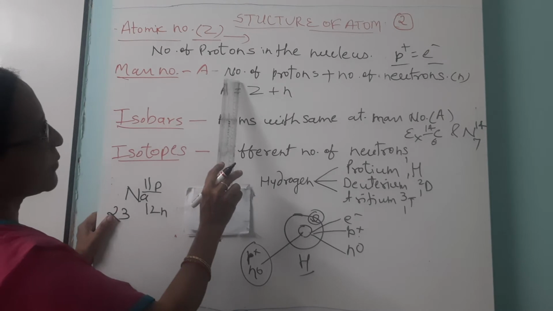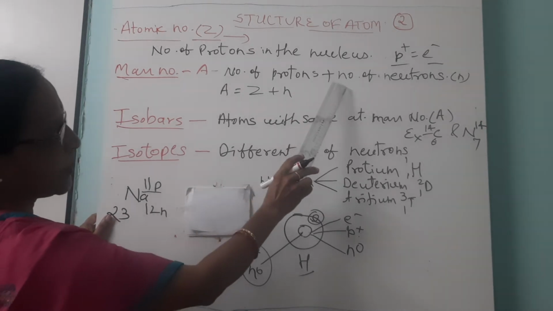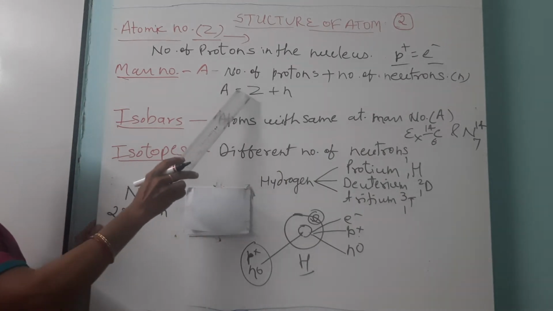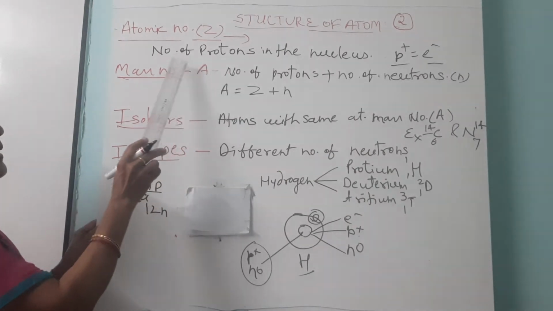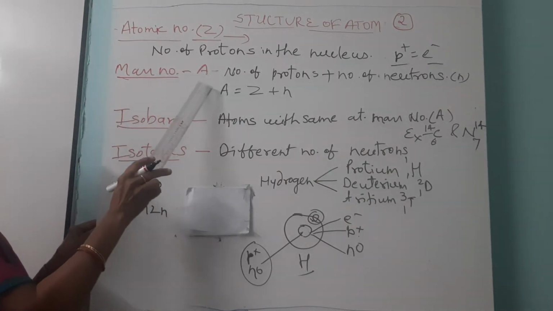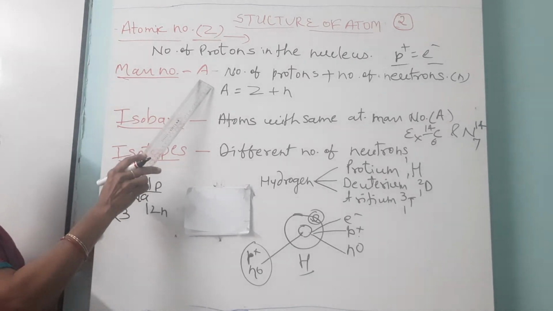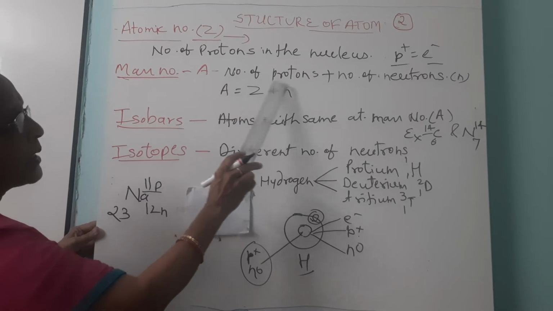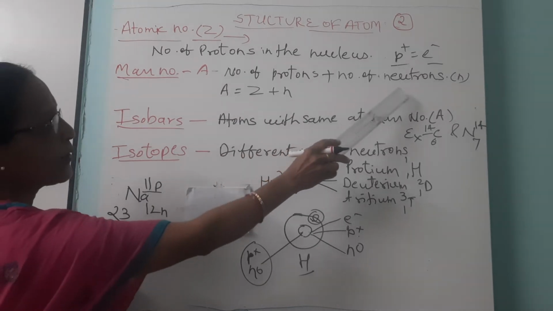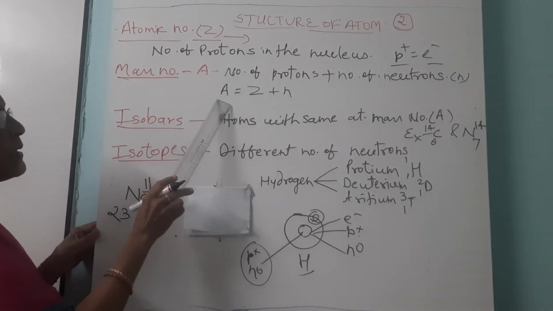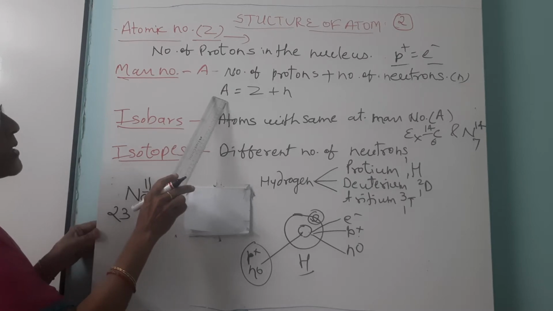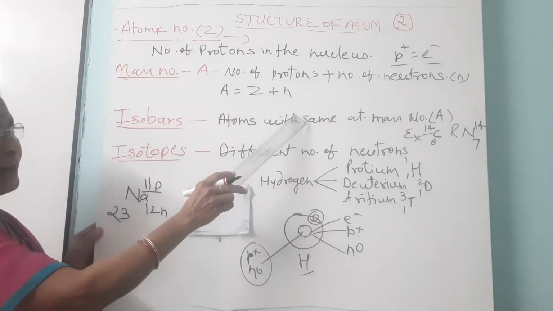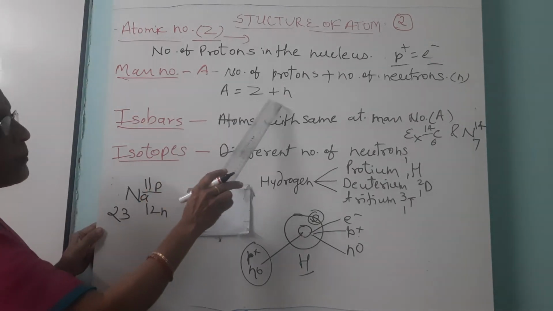In an atom, the number of protons plus the number of neutrons is known as mass number, and it is represented by capital A. I can write capital A is equal to Z plus N, where N is the number of neutrons. So A is equal to Z plus N.